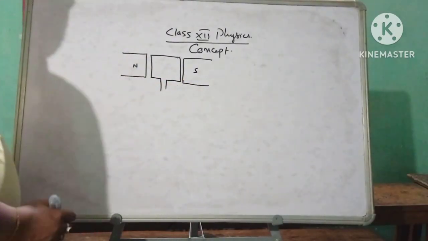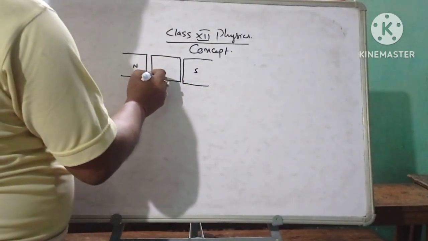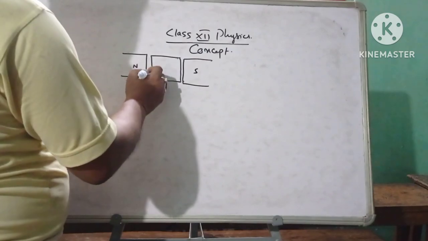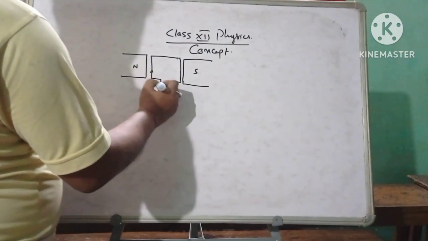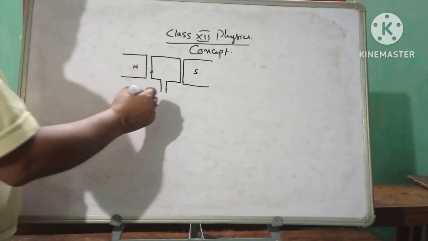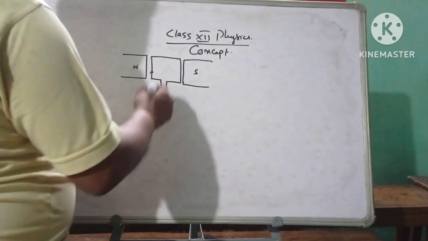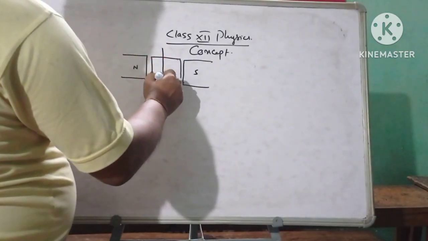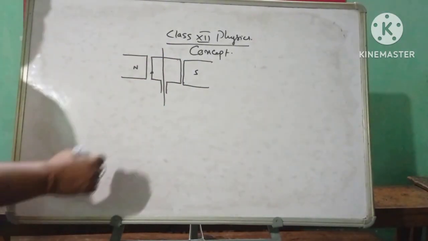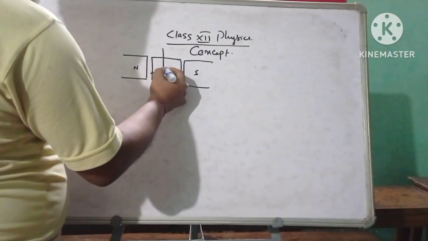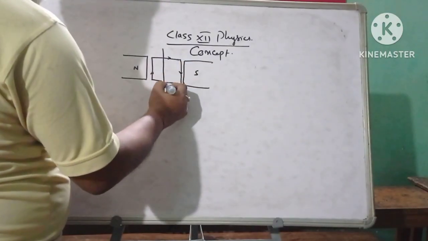Now your current I is flowing through here like this. This is the axis. So here you see, current is flowing like this.